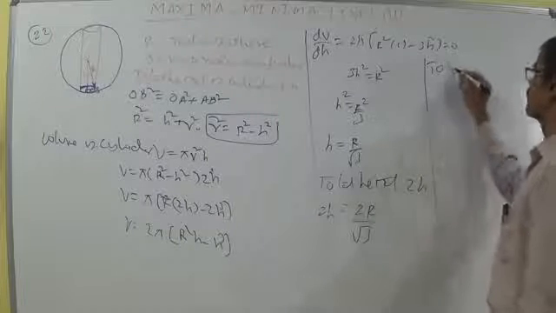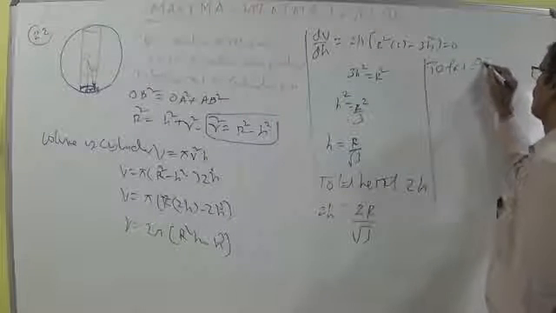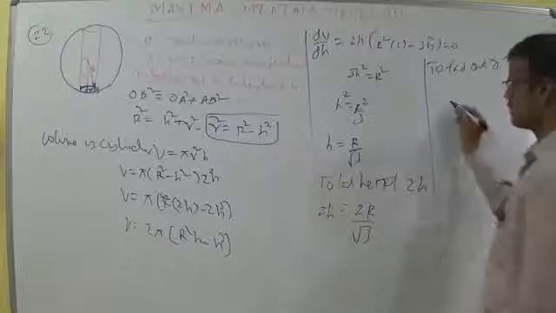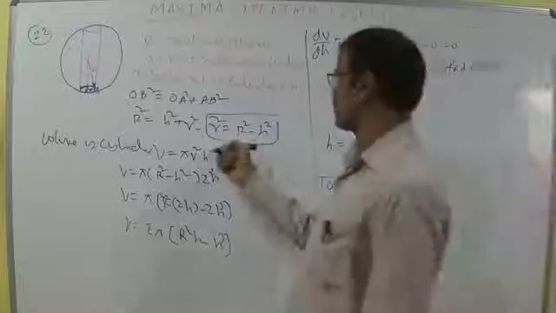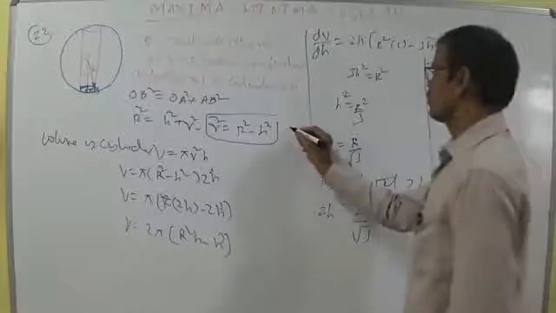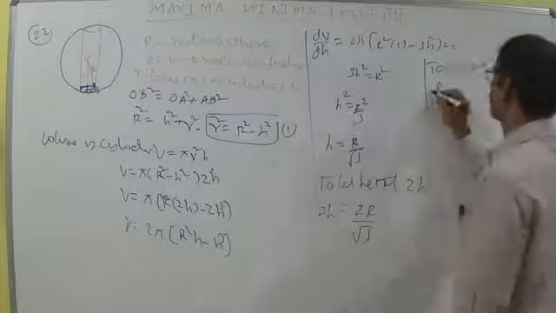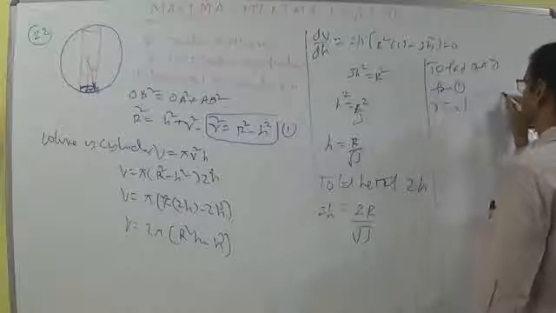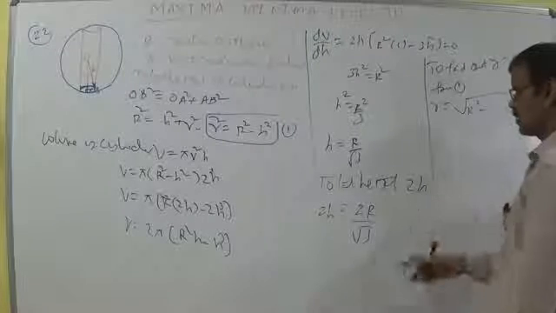Now to find out the small radius of the cylinder. What is the small r here, in the box I have written? So r square is equal to, put the name 1, and from 1, r is equal to root of capital R square minus h square.